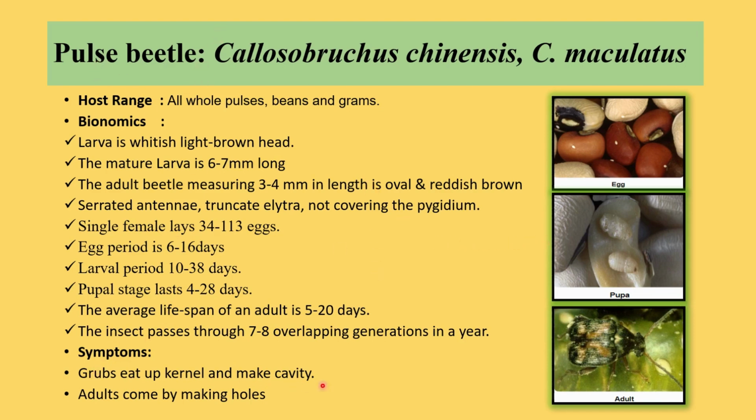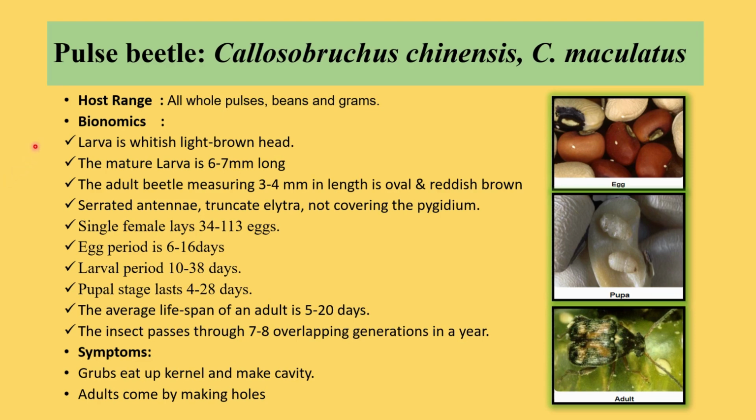And coming to the major symptoms, the pulse beetle grub eats the kernel. Here you can see how it damages the grain and makes cavities. Adults make holes. So these are the symptoms, and let us see the identification of the pulse beetle.